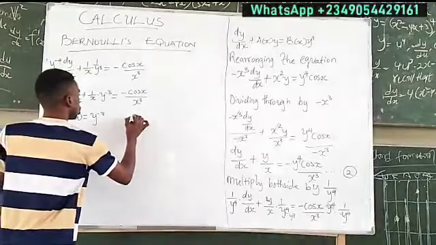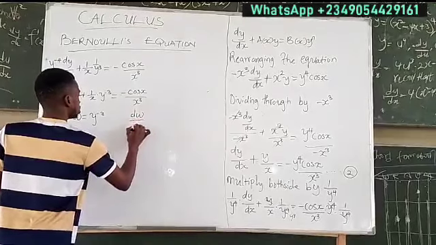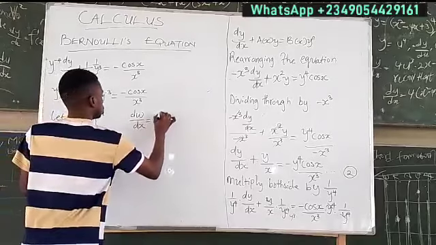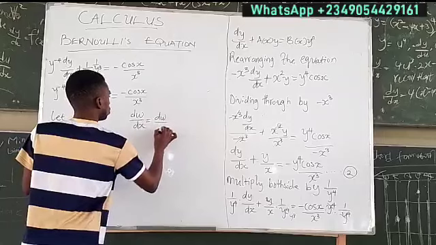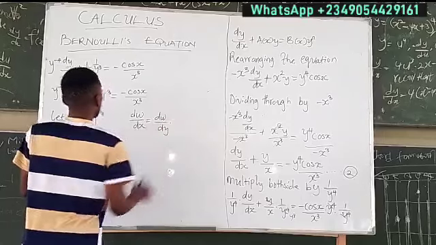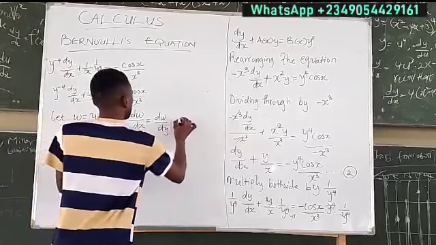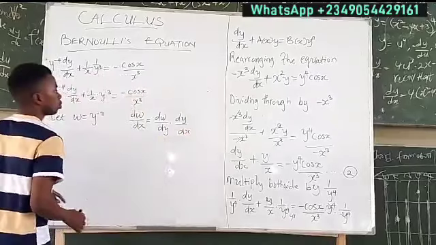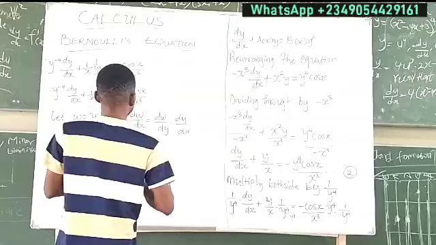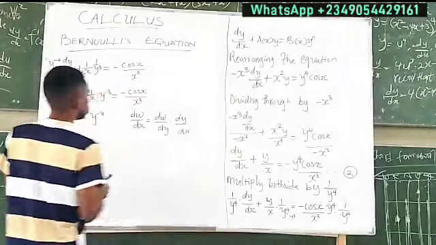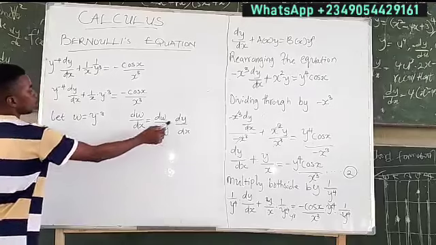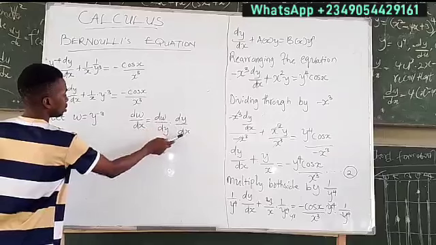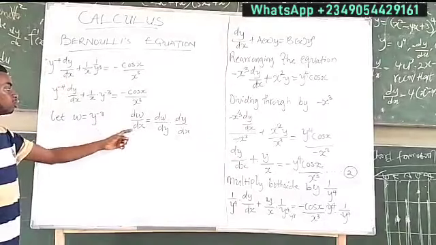Using the chain rule, this becomes dw all over dx is equal to dw all over dy multiplied by dy all over dx, whereby this dy and dy can cancel out, you'll be left with dw all over dx, which is the same thing as dw all over dx.